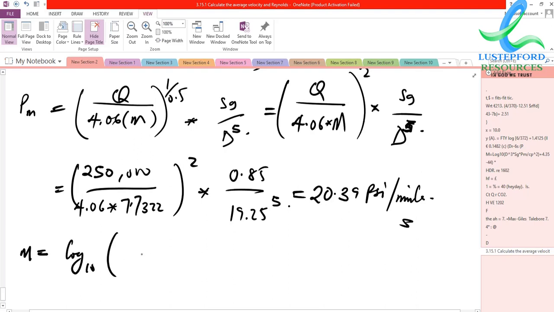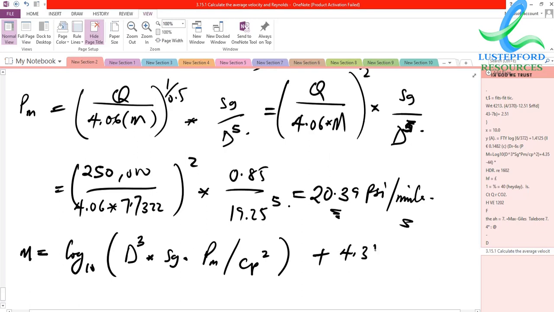Now making this one the assumed value. We'll now say M is equal to log base 10 of d raised to power 3 times specific gravity times PM divided by CP squared, all bracket, plus 4.35.